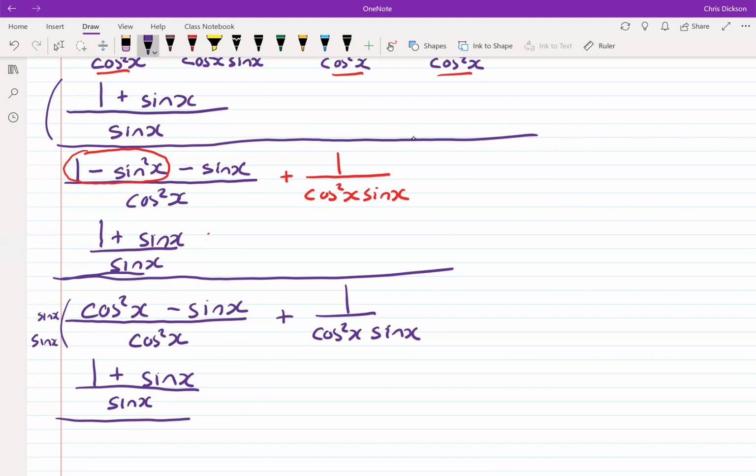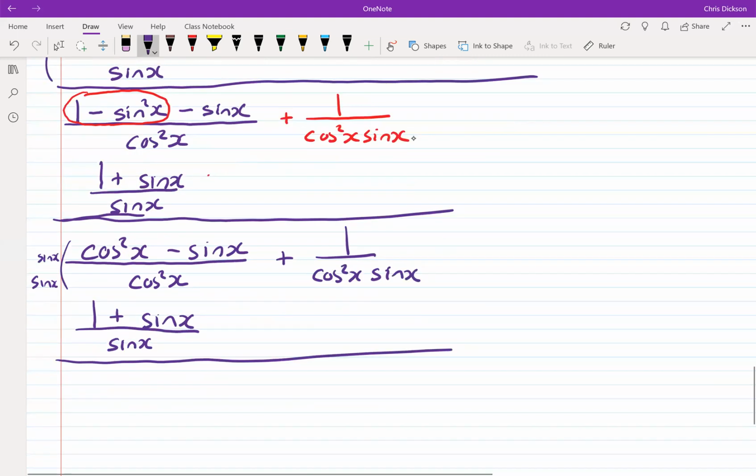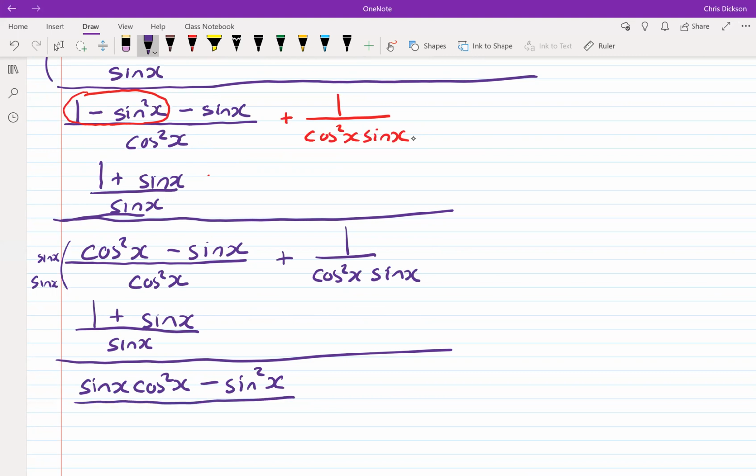And the bottom is going to give me sine x cos squared x minus sine squared x, all over sine x cos squared x. And then I had this plus 1 over cos squared x sine x.